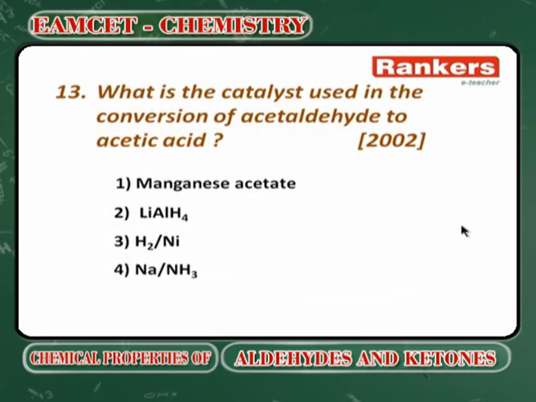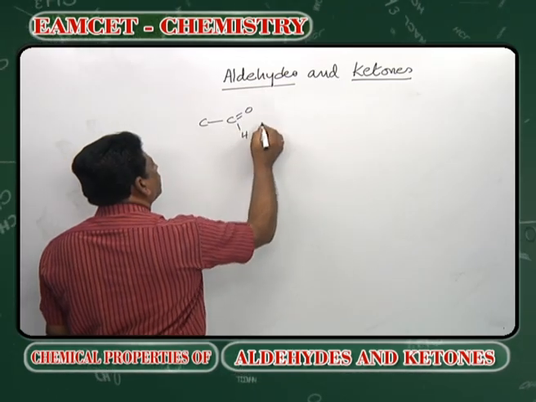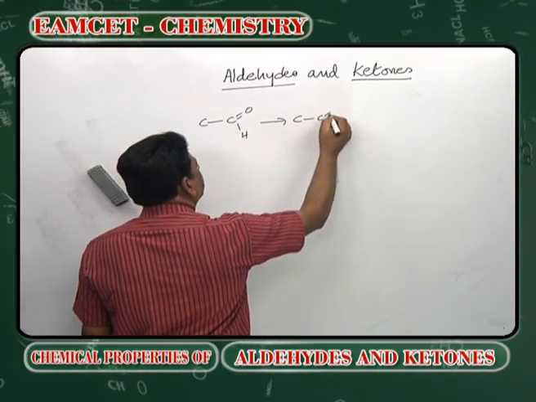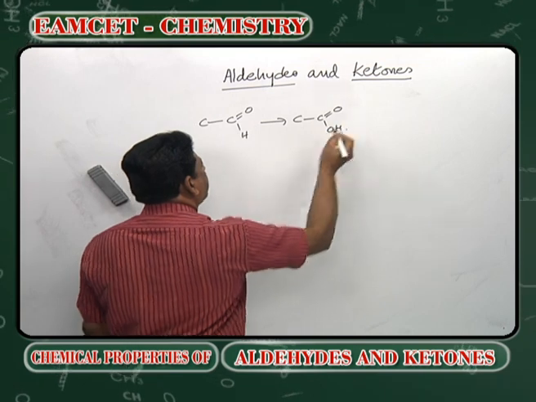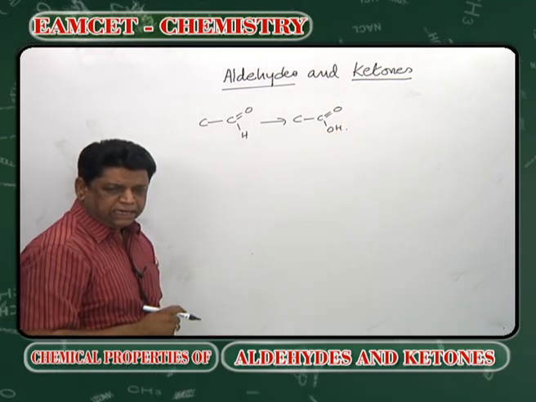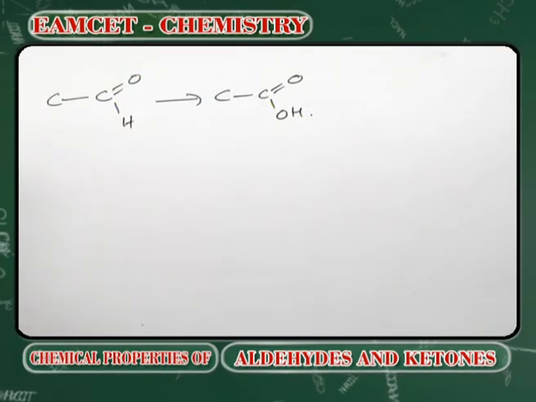What is the catalyst used in the conversion of acetaldehyde to acetic acid? Acetaldehyde to acetic acid is an oxidation reaction, CH3, a mild oxidation.